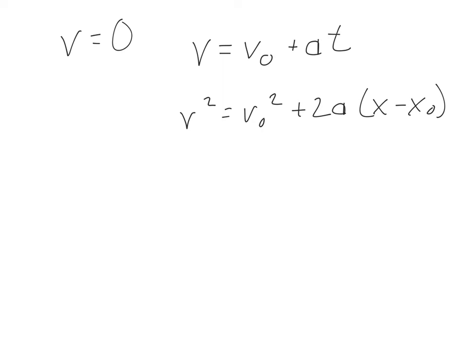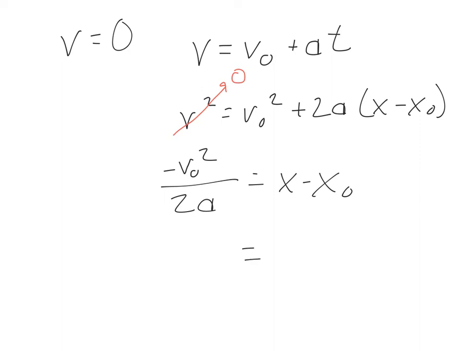So we're saying the final velocity is just 0, and we're trying to solve for the displacement. Just quickly doing the algebra, we're going to see that v naught squared divided by 2a is equal to the displacement x minus x naught. Go ahead and plug in our values.